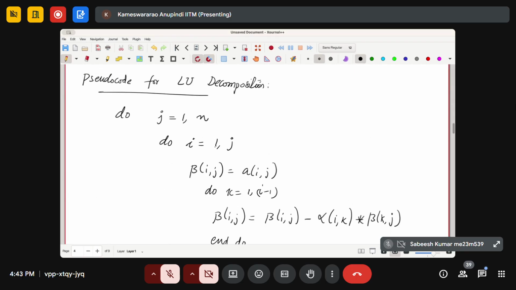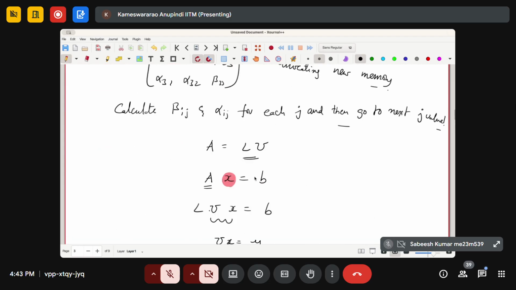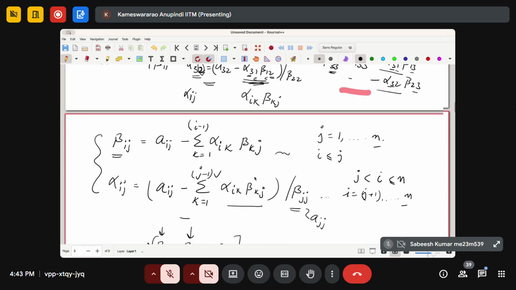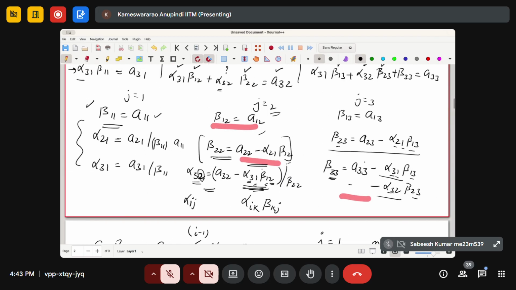I is going to run from 1 to 2, right? That means I equals 1. It's going to calculate beta 1, 2 equals a1, 2. Because I equals 1, this is going to be 0, right? So it's not going to go into the do loop. So beta 1, 2 will be equal to a1, 2. But for everything else, it's going to include these subtractions as we have written.